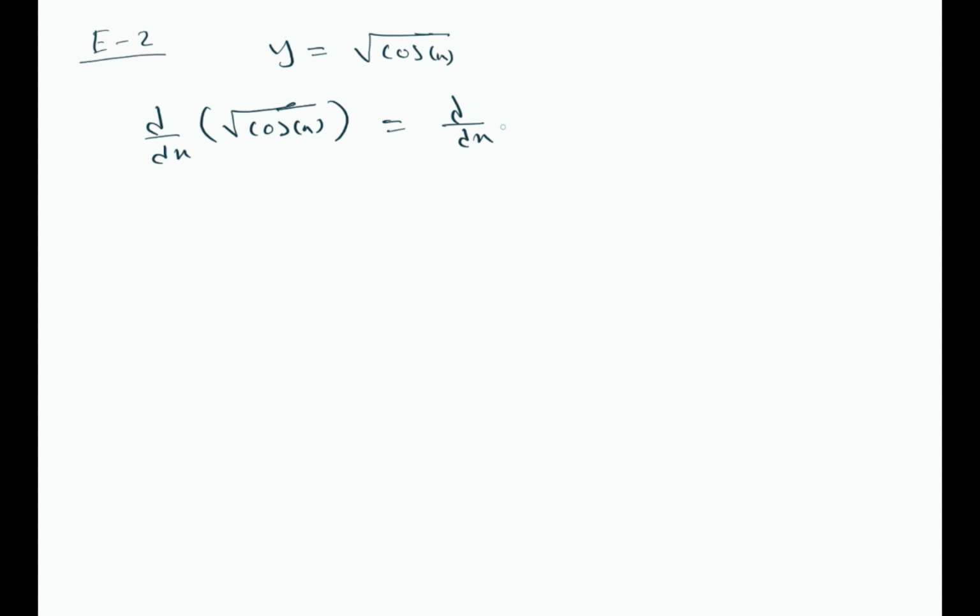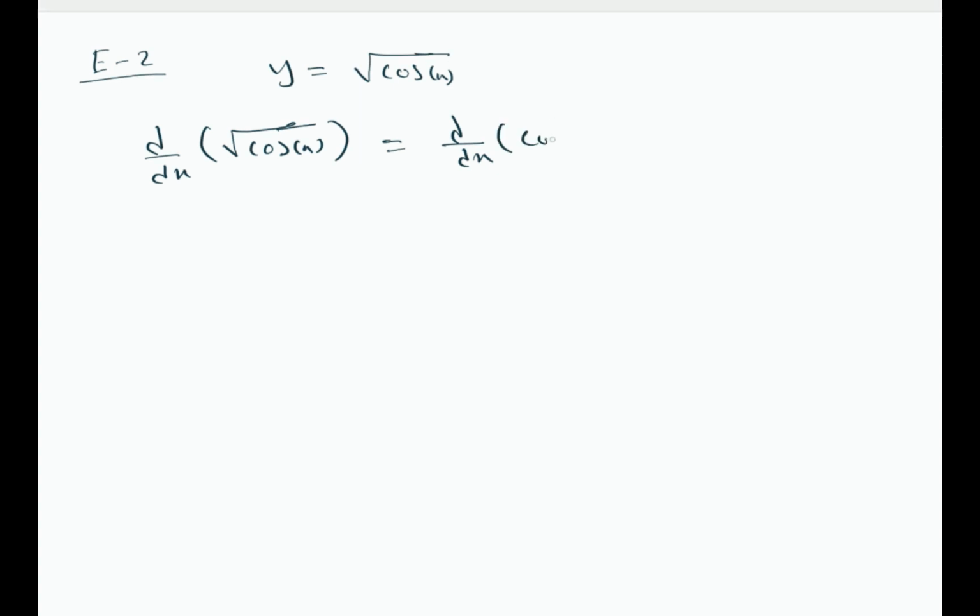Example 2. For example 2, our function y is equal to square root of cos of x. Okay, so for the derivative of this function, d/dx of square root of cos of x, we can rewrite it in a different way. We can write it d/dx of (cos of x) all to the power half, right?